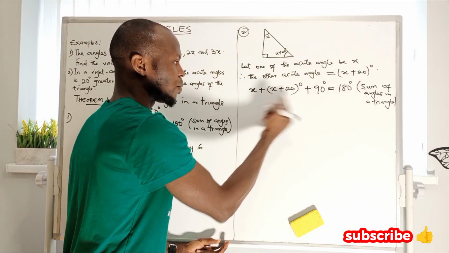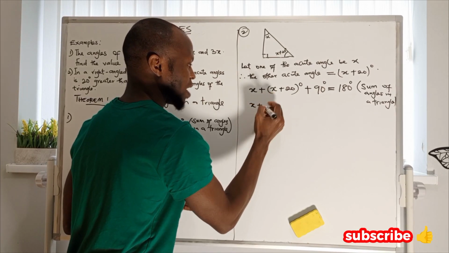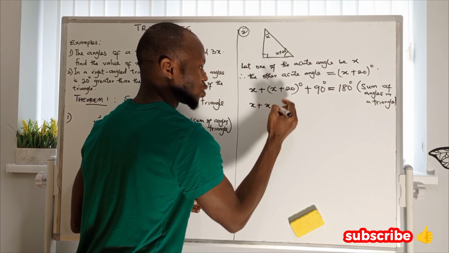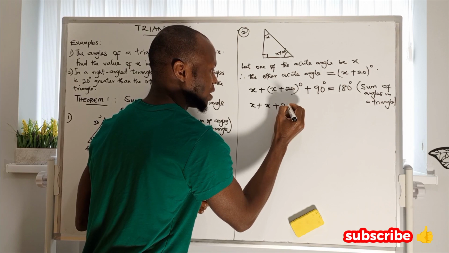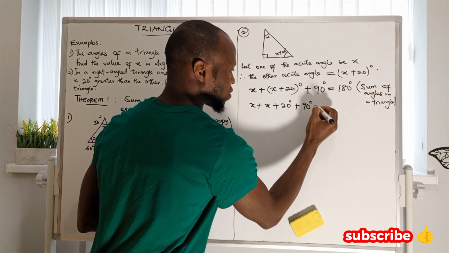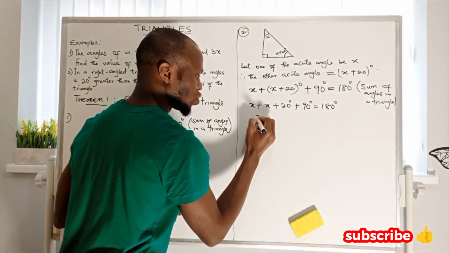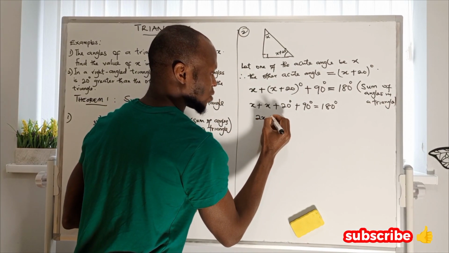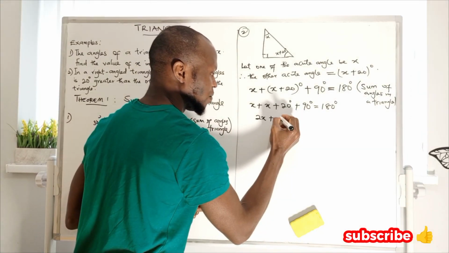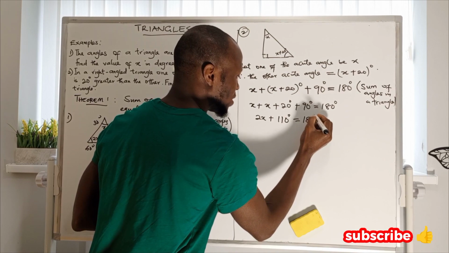So now I open the bracket. We have x, plus times plus 20, we have plus 20 degrees, plus 90 degrees equals 180 degrees. x plus x will give me 2x, plus 20 plus 90 will give me 110 degrees, equals 180 degrees.